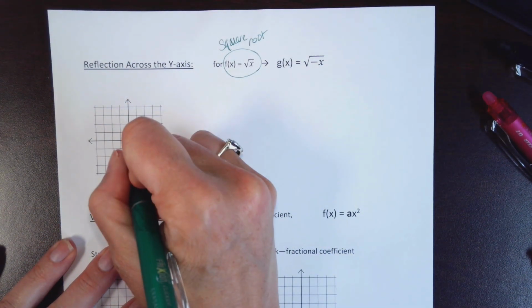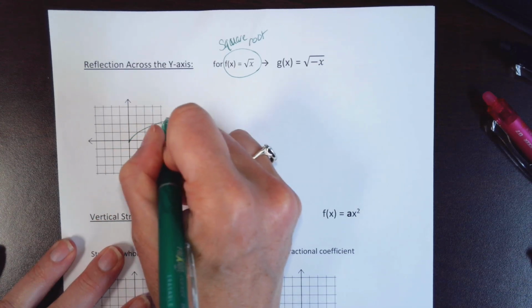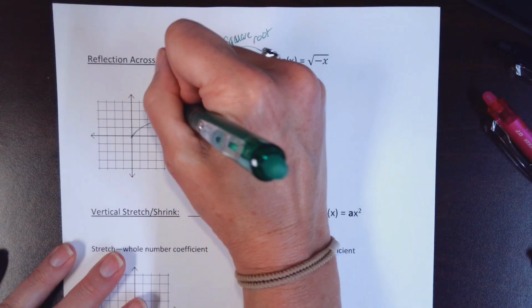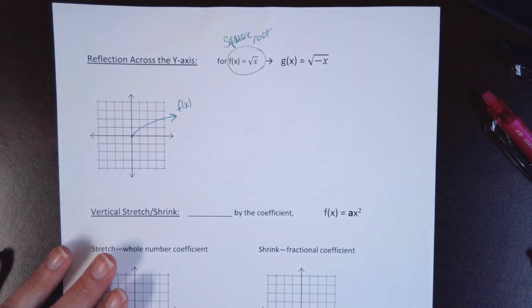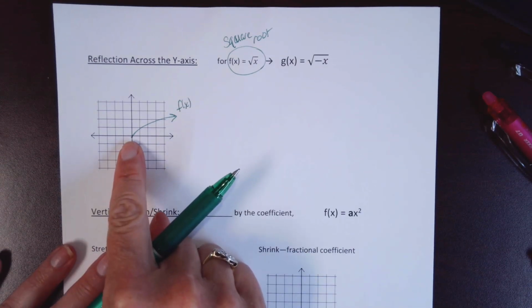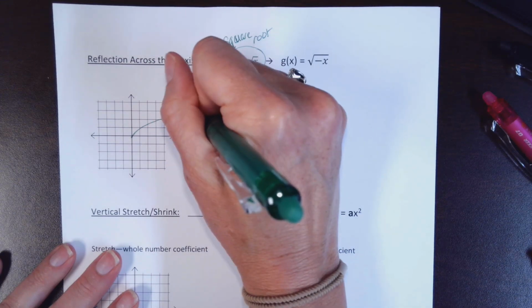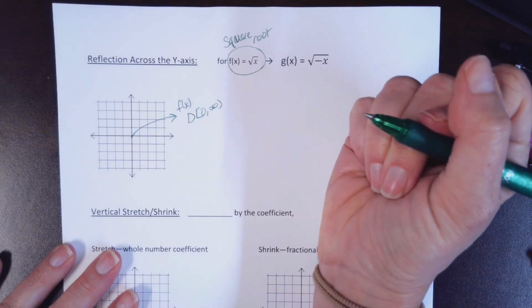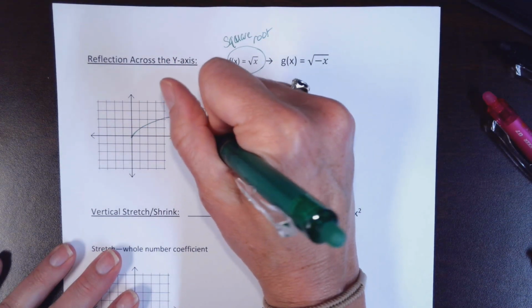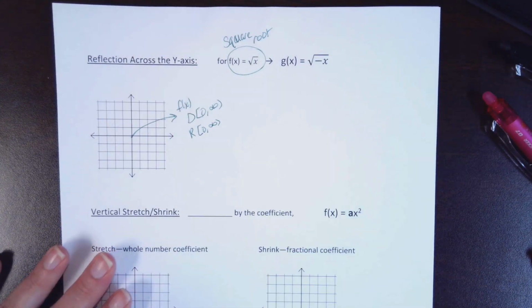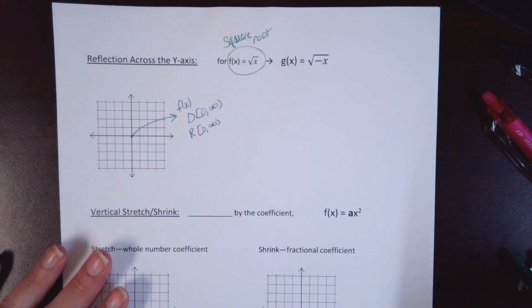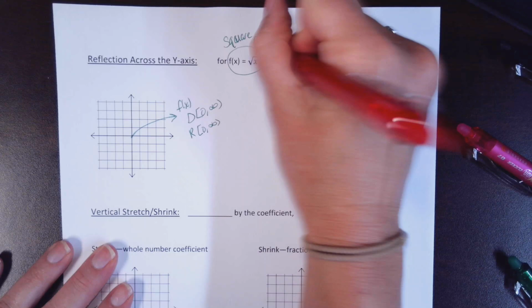My parent function f of x looks like this. It has a lower limit. My domain is from 0 to positive infinity. My range is also from 0 to positive infinity. G of x is my transformed function.